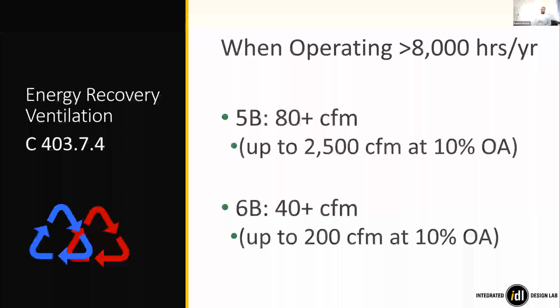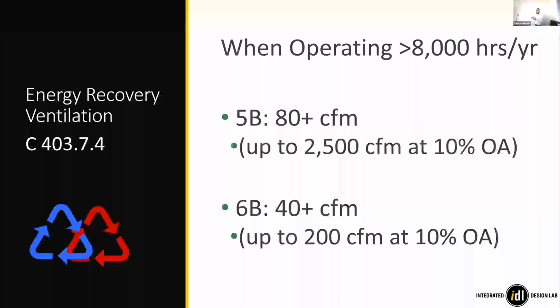And it depends on the percentage that you're bringing in from the outside. If you're bringing in 80% or more outdoor air, which would be like a dedicated outdoor air system, which would use heat pumps or a VRF or, you know, even a radiant system, at that point, for 5B, you definitely do need an energy recovery ventilation system.